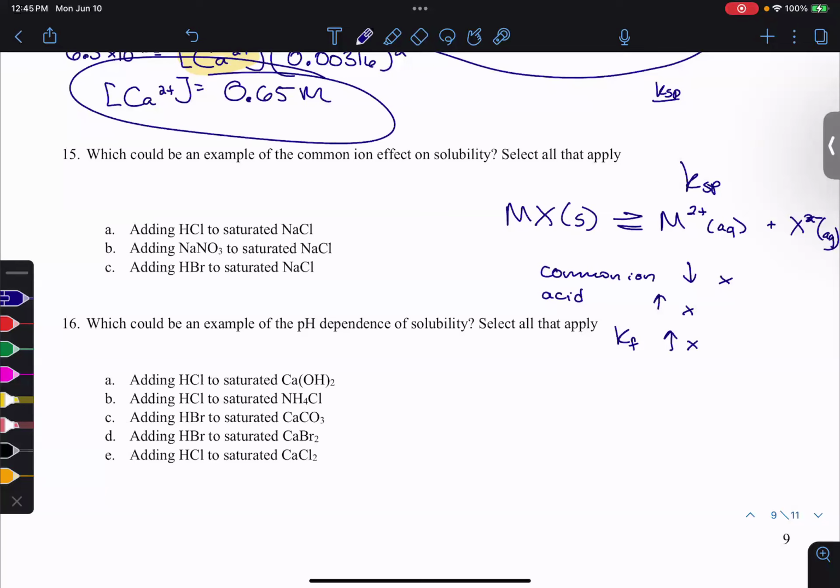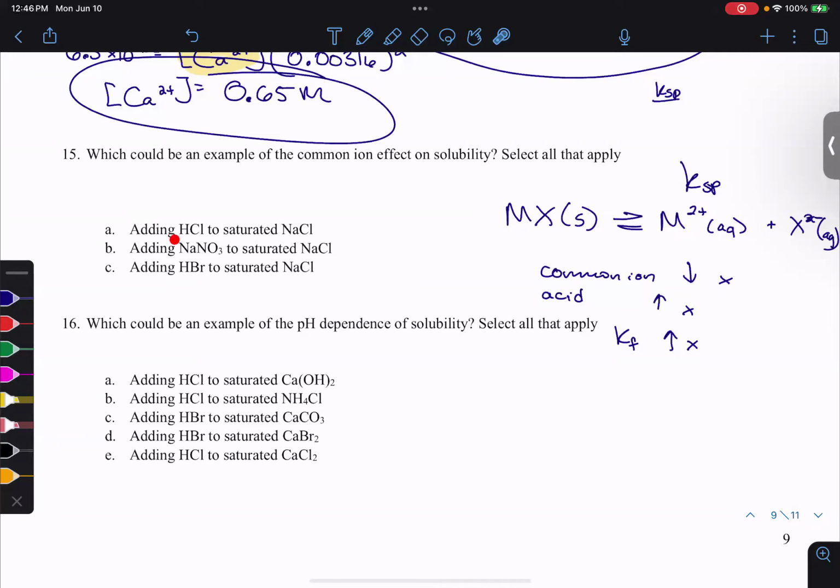So that's the trend, but it only works sometimes. So here, common ion effect says, oh, I can dissolve MX in pure water, but if I dissolve this salt in something that already has M2+ or already has X2-, then this thing is less soluble. The reason is you just think Le Chatelier's principle. Add M2+, you shift the reaction backwards. More solid is produced, your thing is less soluble.